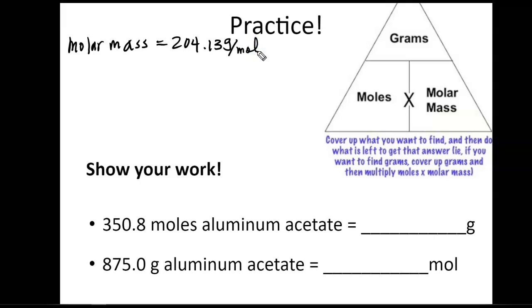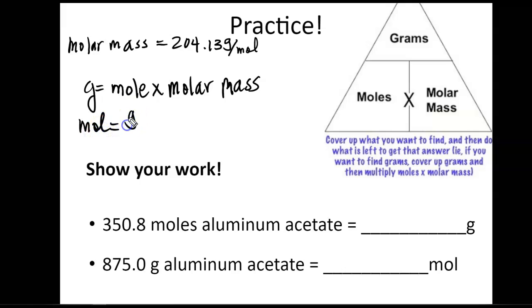And if I am going to calculate grams, then I am going to do my moles times molar mass. But if I need to calculate moles, then I am going to do grams divided by molar mass. And those are going to be my two operations.